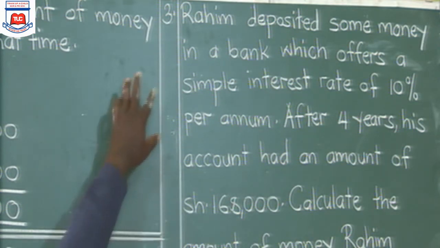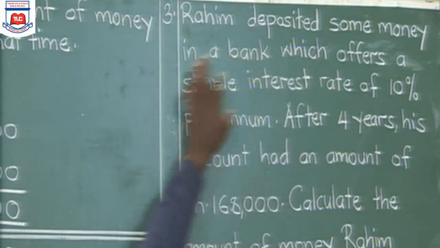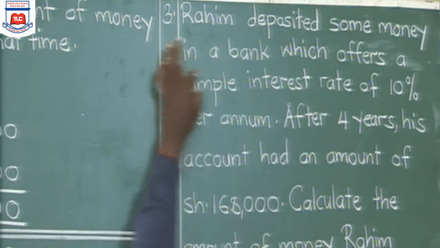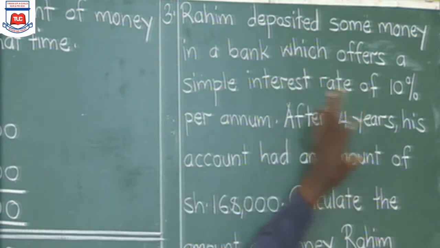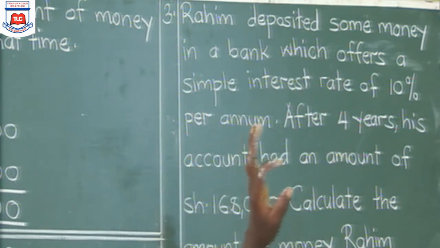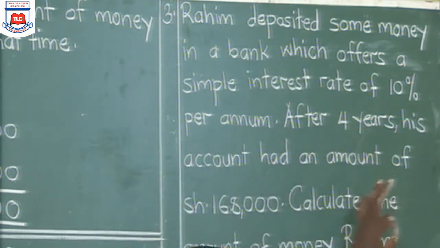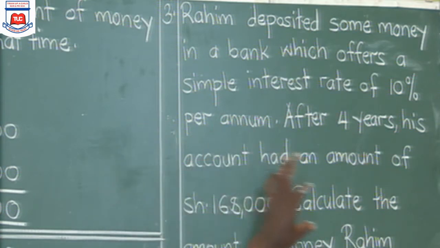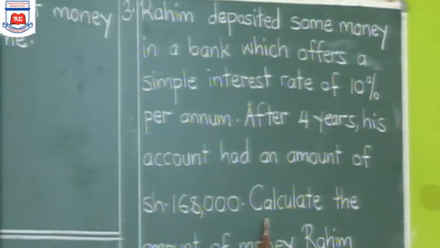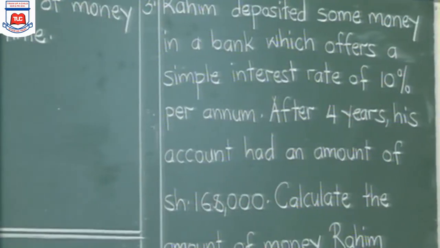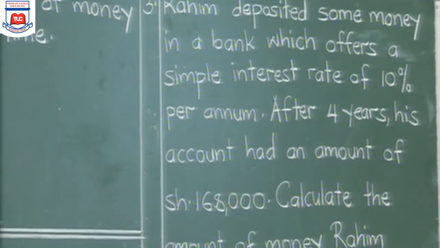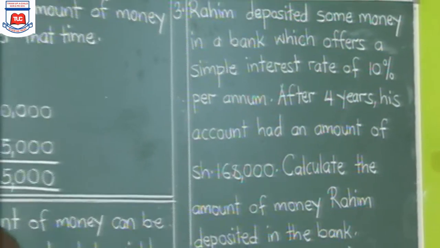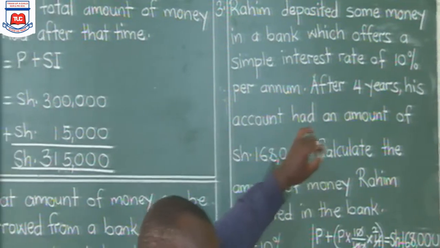I'm reading again. Rahim deposited some money in a bank which offers a simple interest rate of 10% per annum. After 4 years, his account had an amount of 168,000 shillings. Then the main question says, calculate the amount of money Rahim deposited in the bank. Still, find out what is given as you are reading.